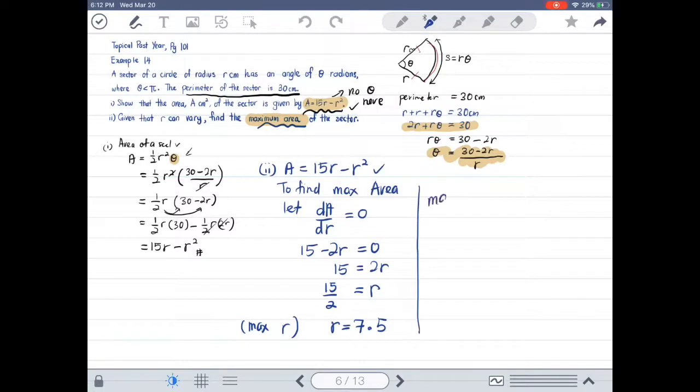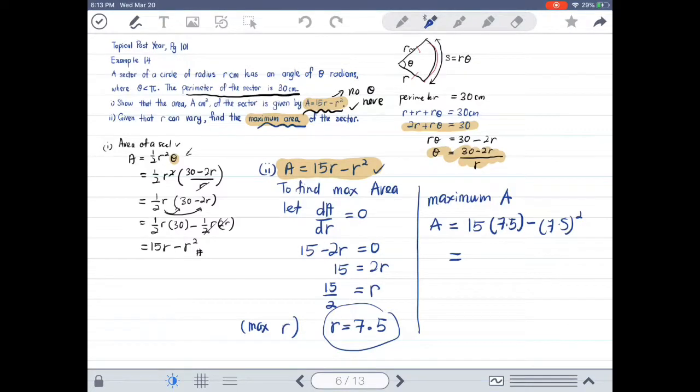Hence, maximum area A is just, we use the maximum r, insert into the area function. 15 times maximum r, which is 7.5, minus 7.5 squared. Press your calculator. You should get 56.25 centimeters squared. So that is your maximum area.